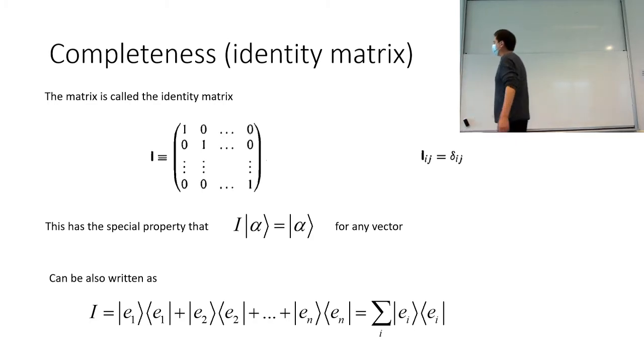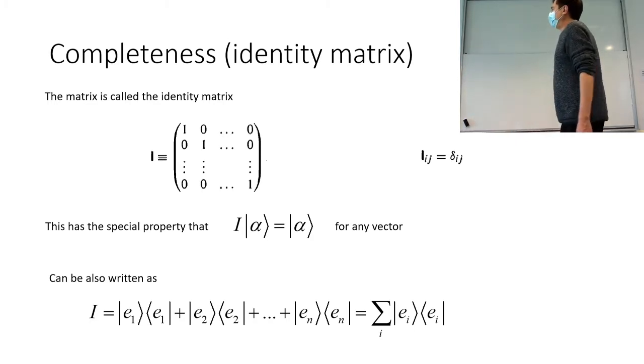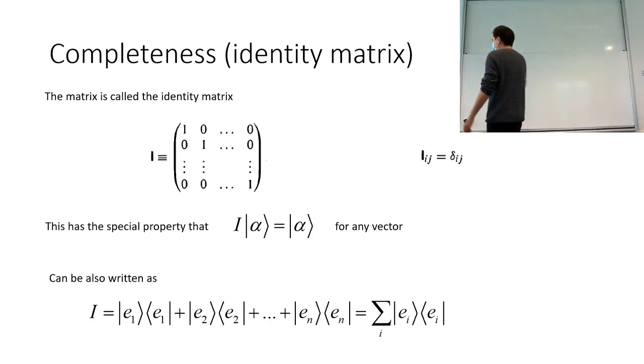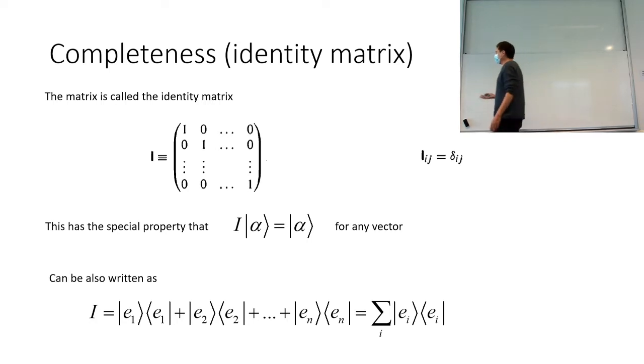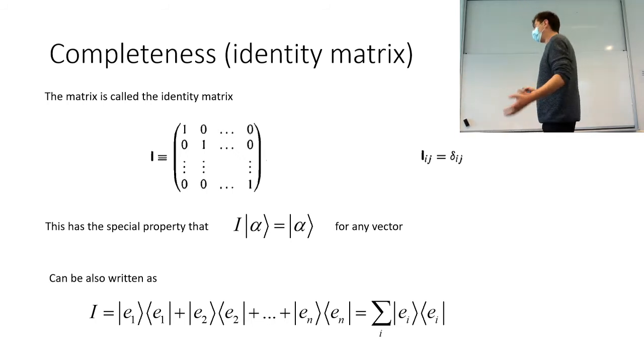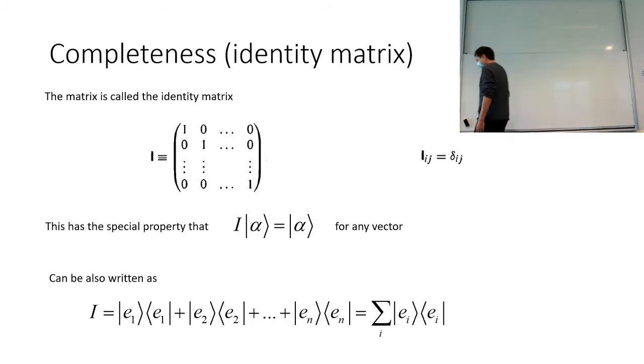But actually the identity matrix is really important in quantum mechanics because there's a trick that you use to do calculations, and another way of writing this identity matrix is in this form.